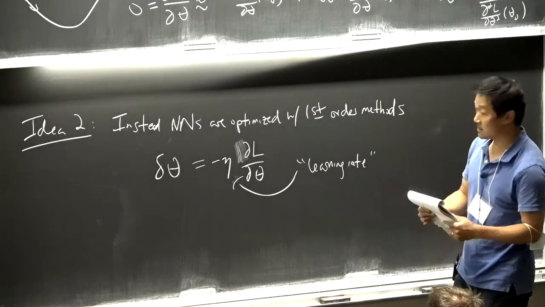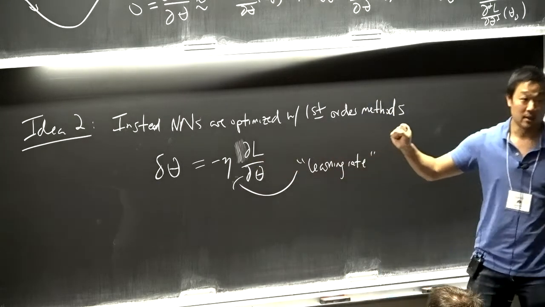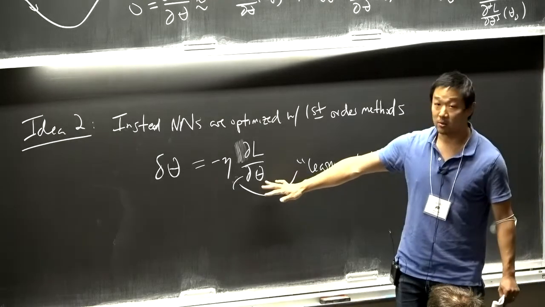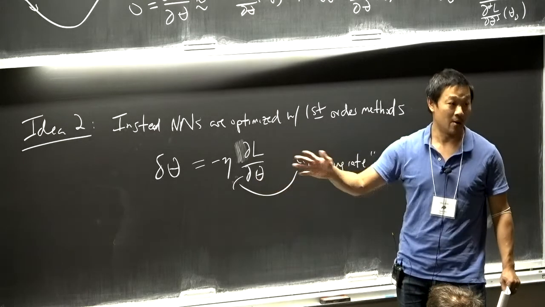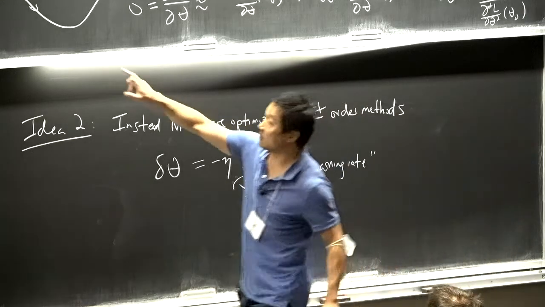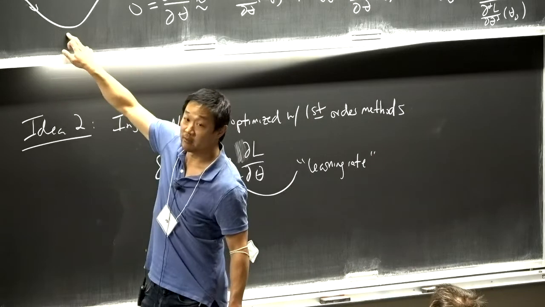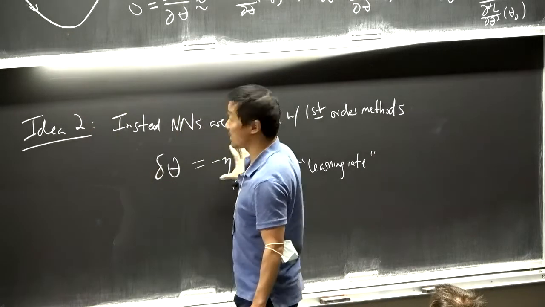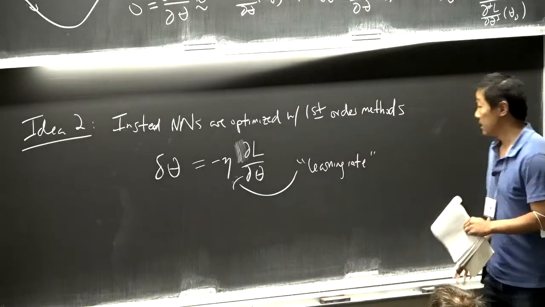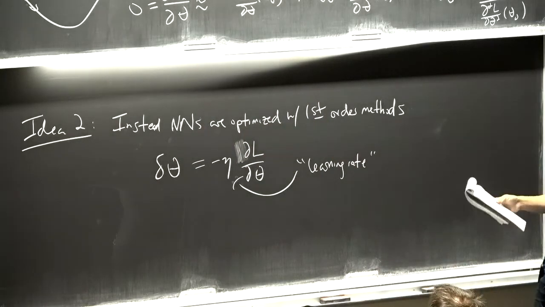I have to choose this learning rate to not be too big or too small. The gradient is not a perfect estimator of where I want to go. If I choose it too small, I'll take forever to go from here to here. If I choose it too large, then any small mistake I make could knock me way off course, and I may never converge. So the learning rate is another hyperparameter.